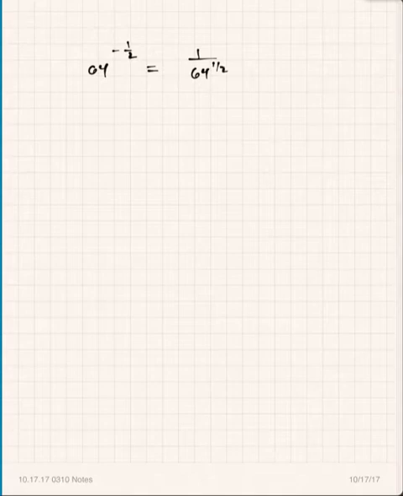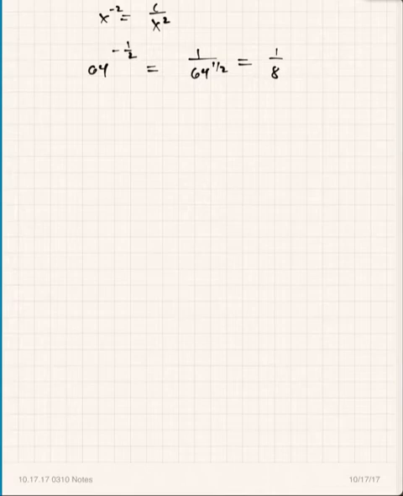Just like x to the negative 2 is 1 over x to the positive 2, right? It's been a little while since we've talked about that in class, but that rule still extends over to fractions as exponents. And then 64 to the 1/2 power, well, that's the square root of 64, and so that would be 8, and so that's 1 over 8.